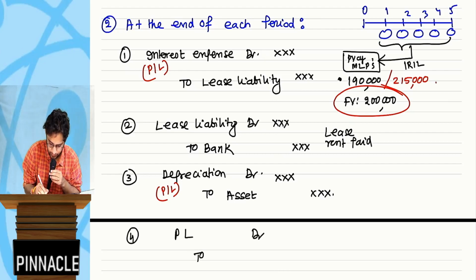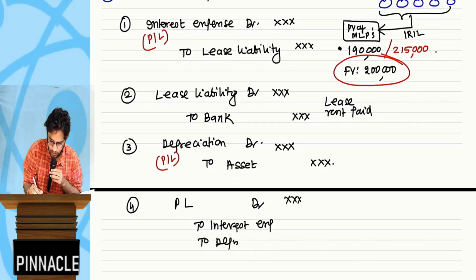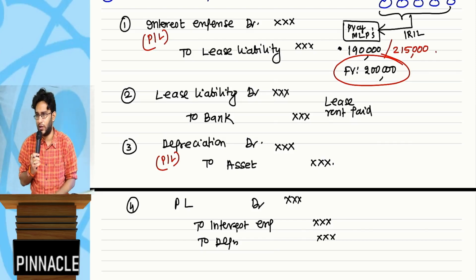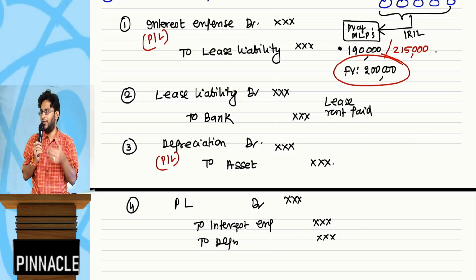You can write the transfer entry, sir. Like this, every year if you do, by the end of the lease, your lease liability balance will become 0. Asset balance also will become 0.